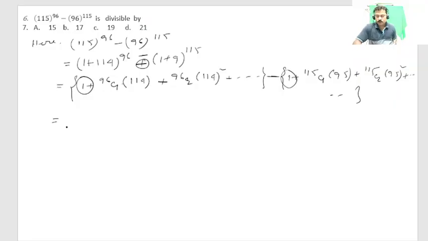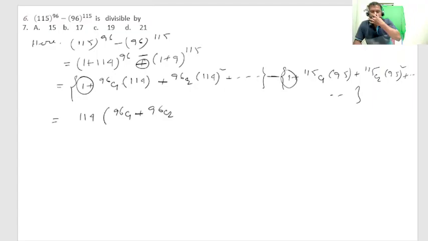So calculating these, we get 114, take a common, that is 96C1 plus 96C2 into 114 and so on.